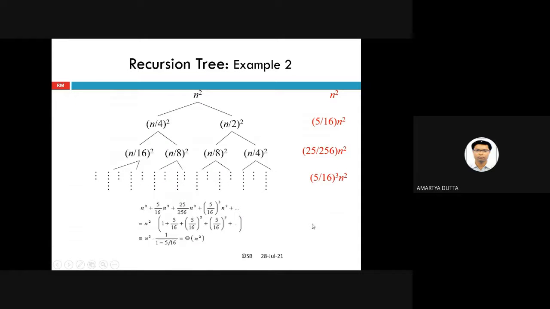Ultimately we get 1, 1, 1 up to n terms of ones. So we have to find the height of the recurrence tree and multiply by the cost of each step.